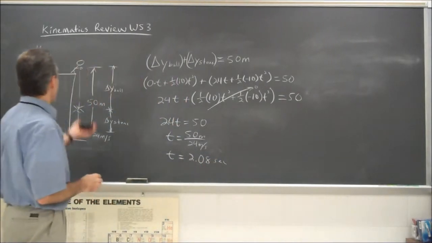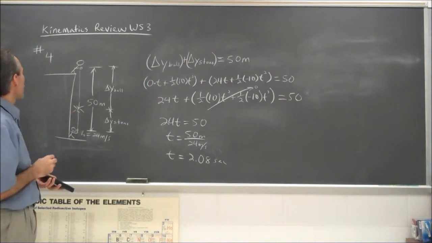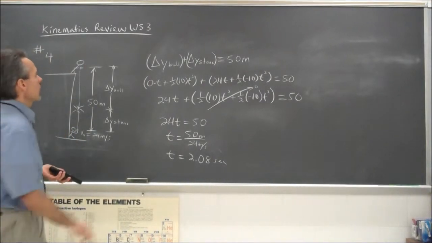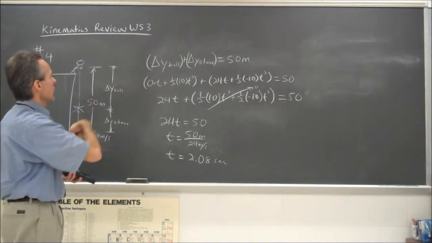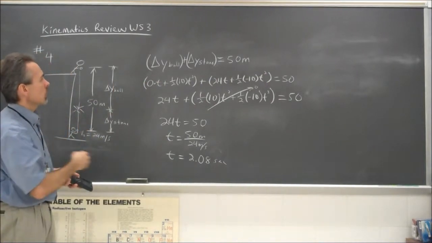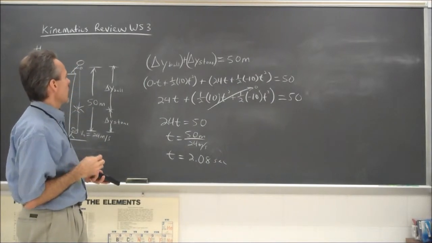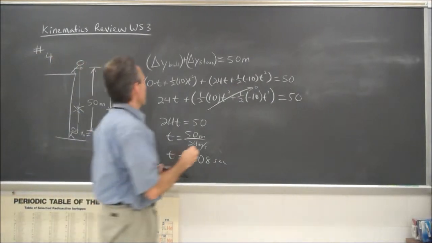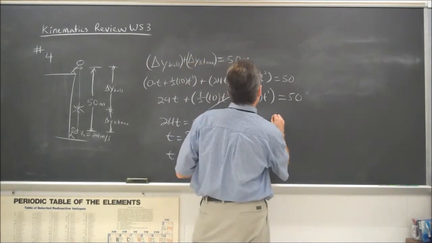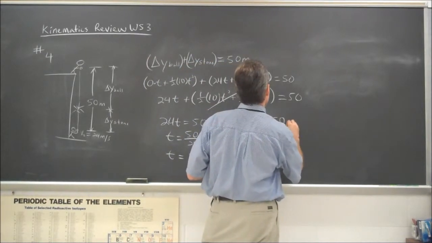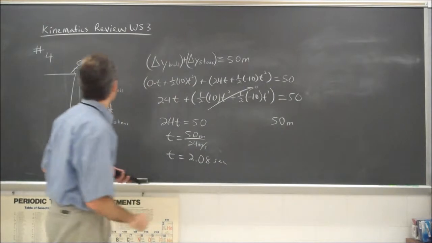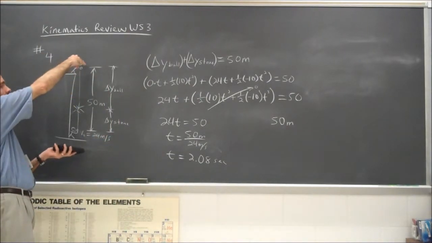It wants to know how far above the ground it is. So I could plug it into either this equation here to figure out how far the ball moves and then subtract that from 50, or I can plug it into that one. It doesn't really matter. I think I'm going to plug into this one. It looks so much easier. So it's going to be 50 meters, because it's 50 meters right now above.